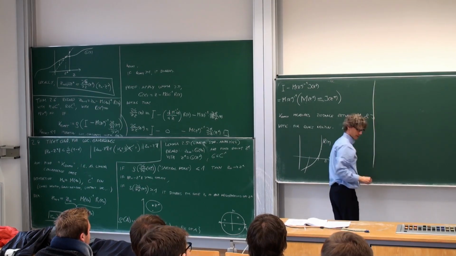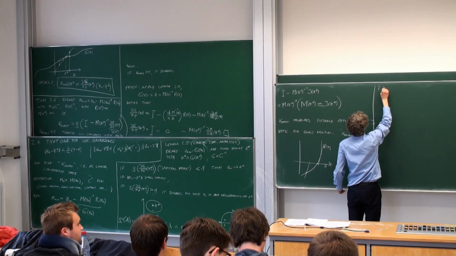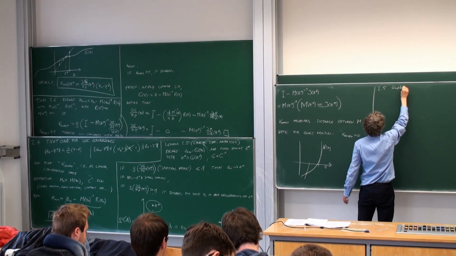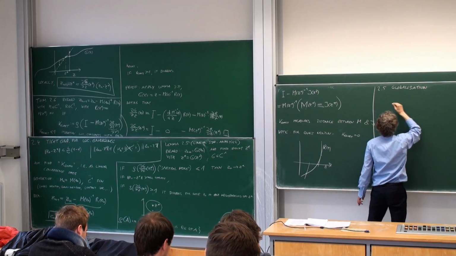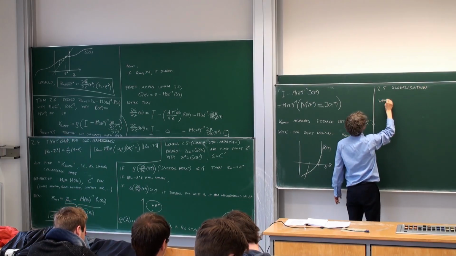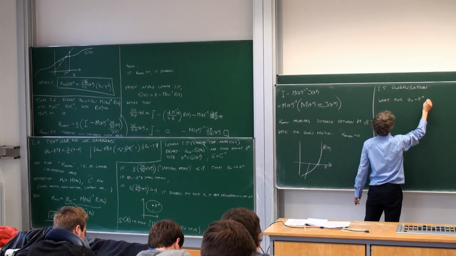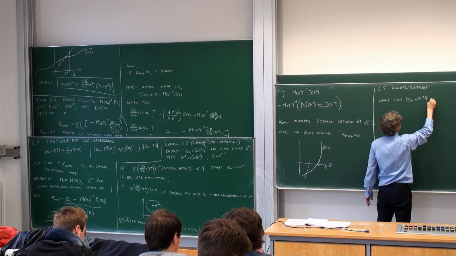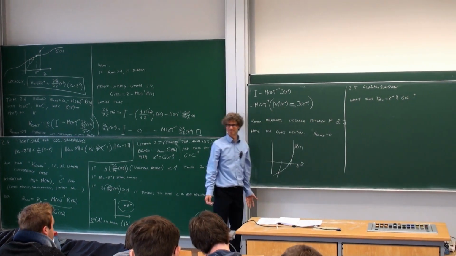That is what we call globalization. It's section 2.5. And so the question is, what for z minus z star big? If this is a very big distance, what will you do?